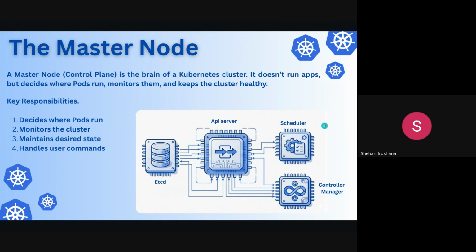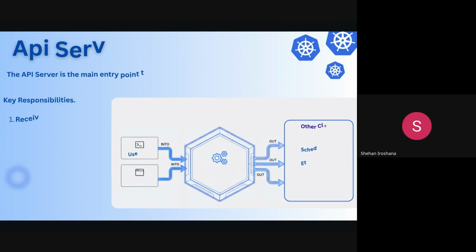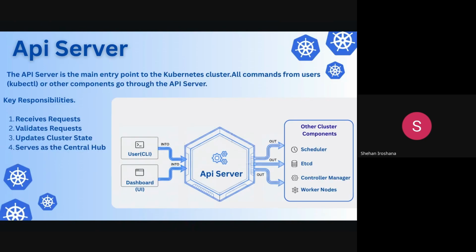Let's start with the API server. The API server is basically the front door of the Kubernetes cluster. Everything goes through it. When we run a command using kubectl, when someone uses the dashboard UI, or when internal components talk to each other, communication passes through the API server.